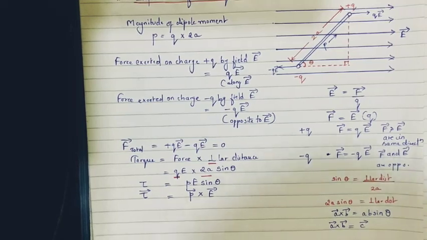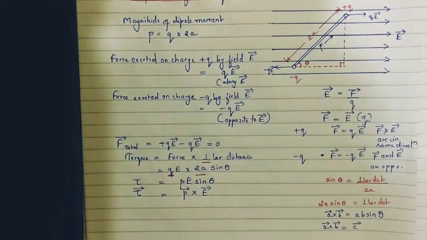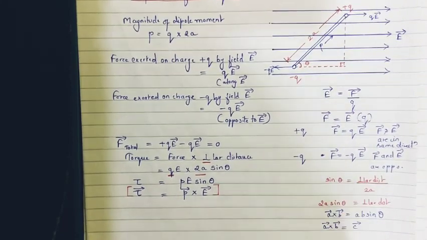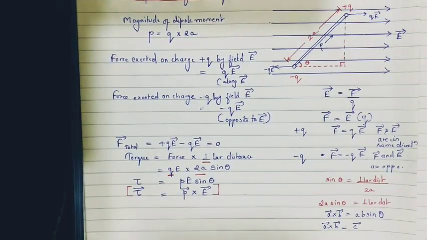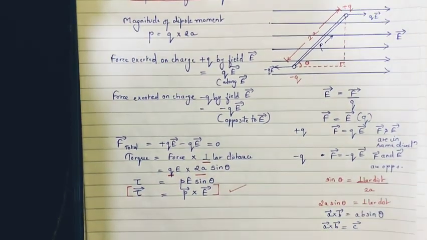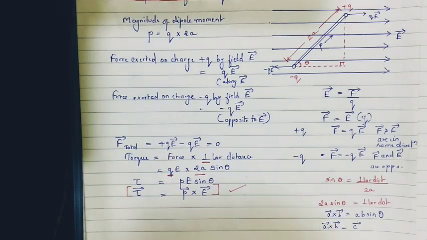So basically this is going to be your final statement for the torque, that is torque is equal to PE sine theta, or torque vector is equal to P cross E. This is the statement you need to remember throughout your course, or even after that.